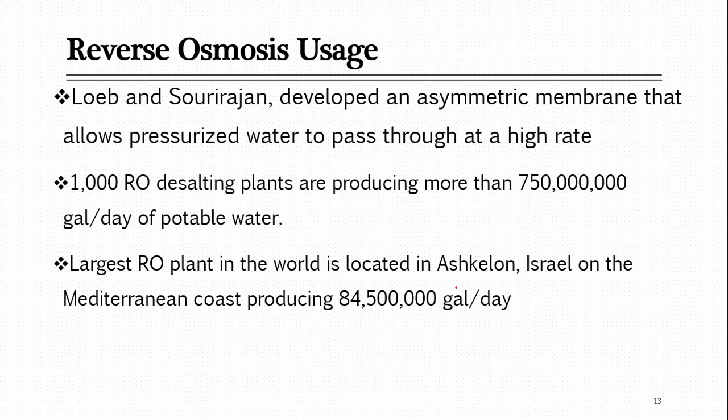That was a highly expensive technique because it involved a large amount of heat. So that was replaced with efficient membranes in 1990. And recently a lot of plants are used in the world. Around 1000 plants are producing 750 million gallons per day of potable water.